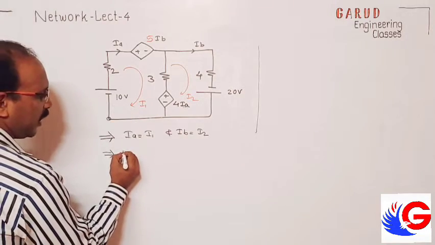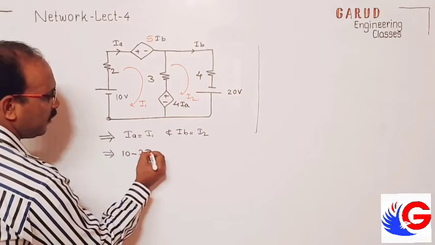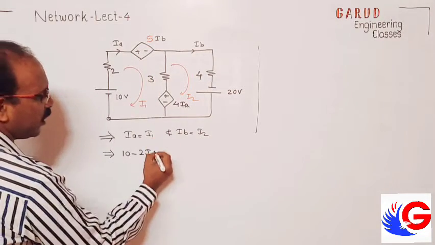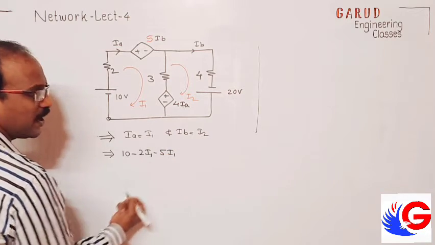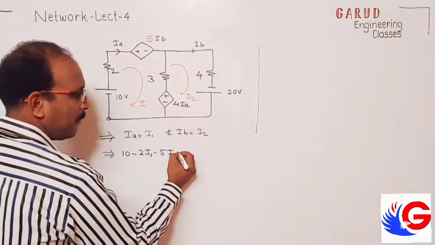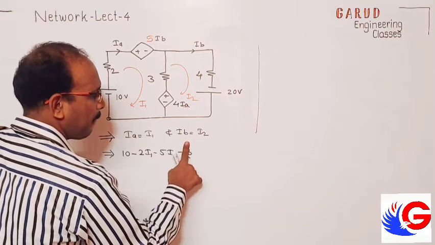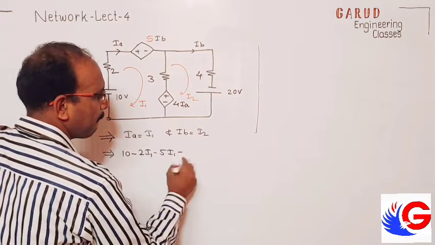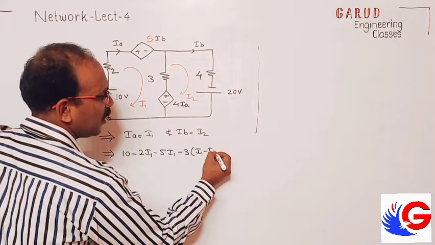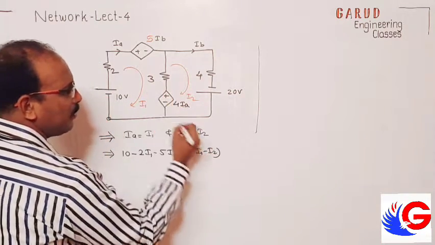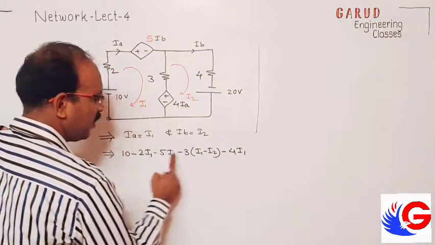So here 10 minus 2I1, positive negative, minus 5IB. What is IB? I can put I1 also directly. Minus 3 times I1 minus I2. Okay. Plus minus 4IA, where IA is I1.